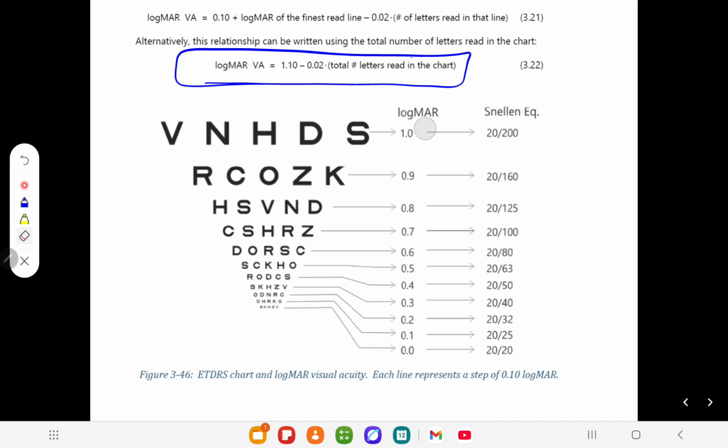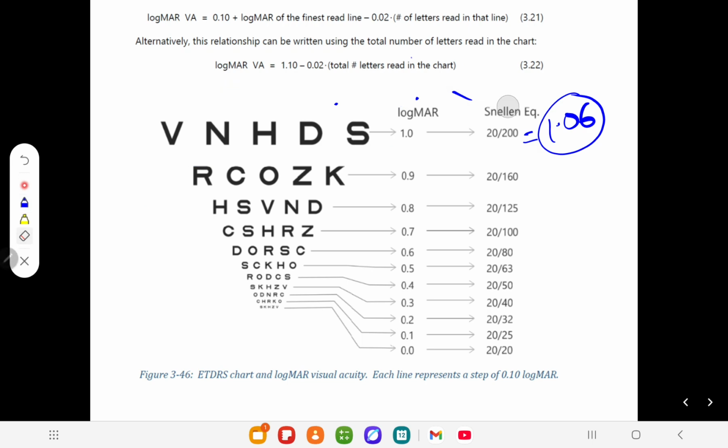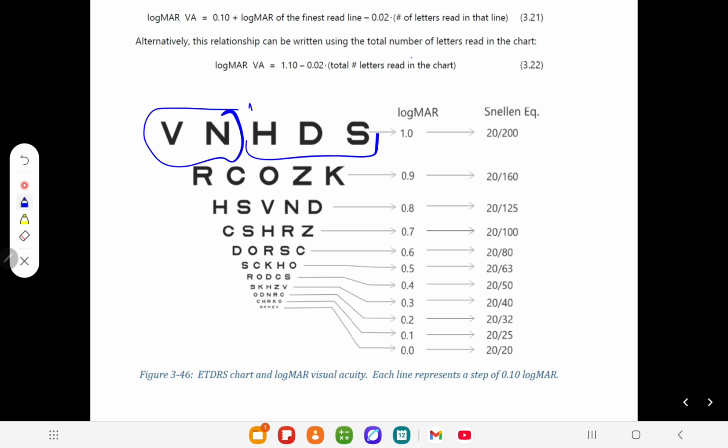Let's take an example. Someone reads two letters, means 1.1 minus 0.02 times 2. It means 1.06. It's crucial. We have to understand this concept. Otherwise, if someone reads these two and cannot read these three, then you can do one trick: 1 plus 0.02 times 3, because this is 1.